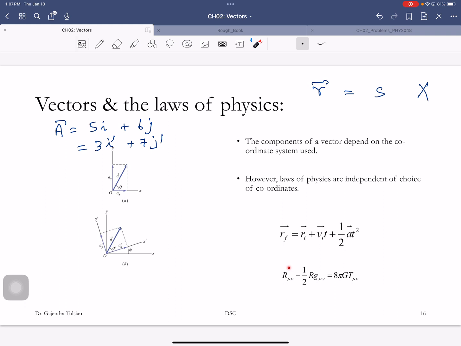All right, this is called a tensor of rank 2. If you want, it's a 4 by 4 matrix, each element being a function. So here's a 4 by 4 matrix, here's a 4 by 4 matrix, a scalar multiplying a 4 by 4 matrix, and that's equal to a 4 by 4 matrix.